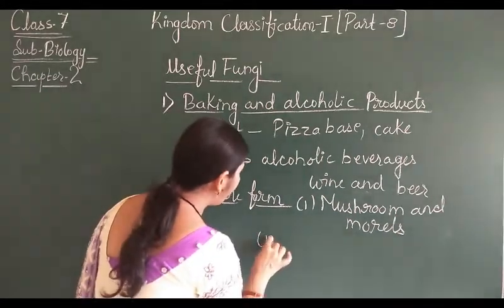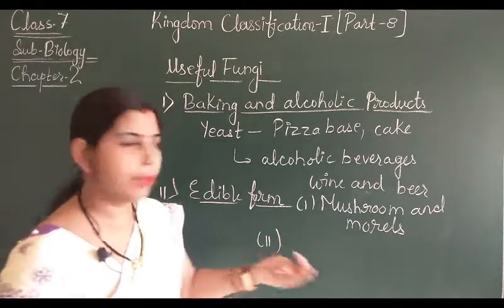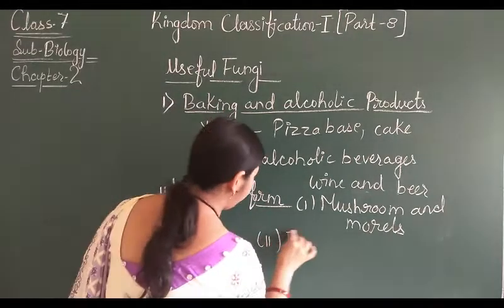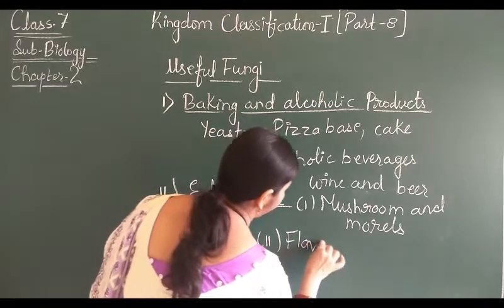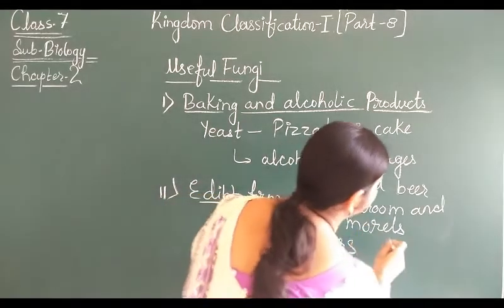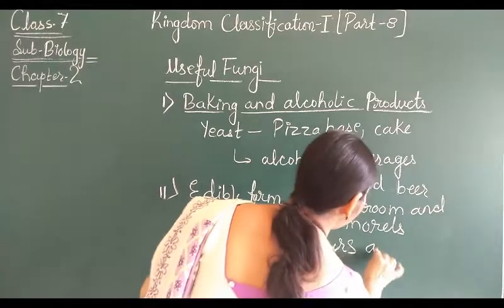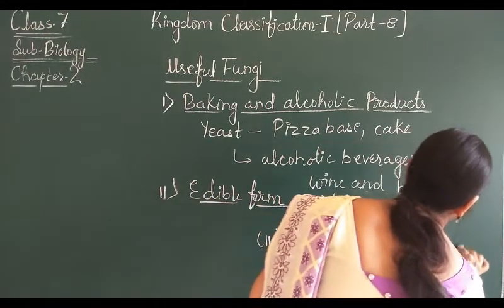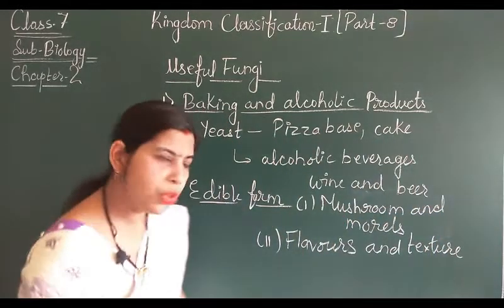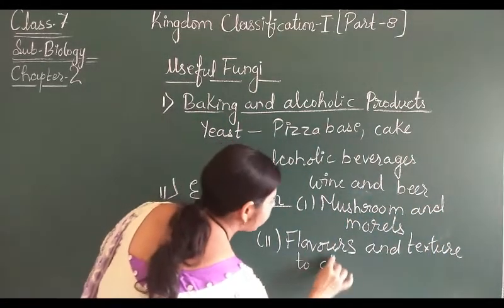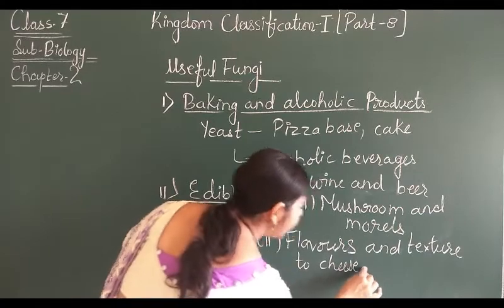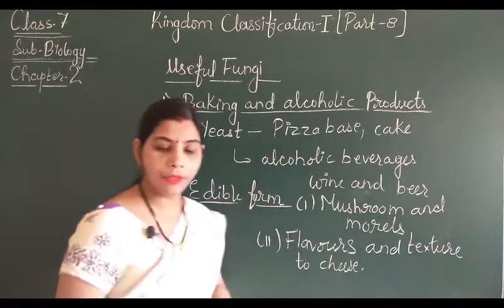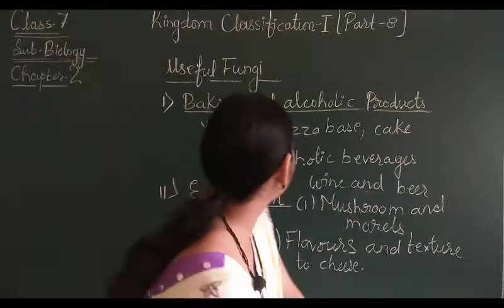One more important edible product is that they also help in the flavors and texture of cheese. That means the variety of cheese you eat also gets its flavors and nice textures from different types of fungus.